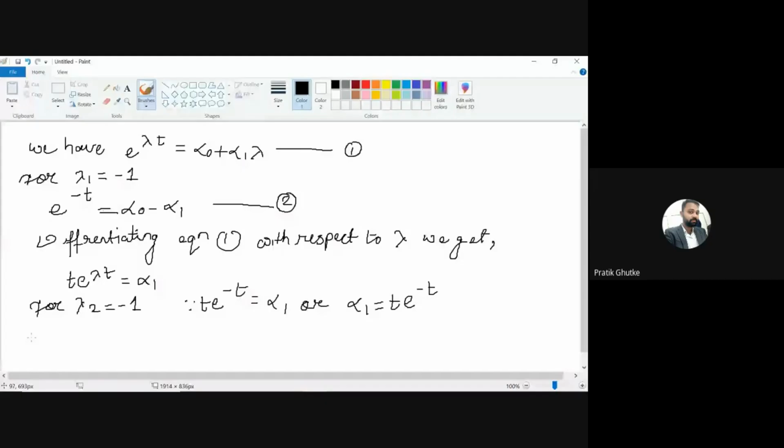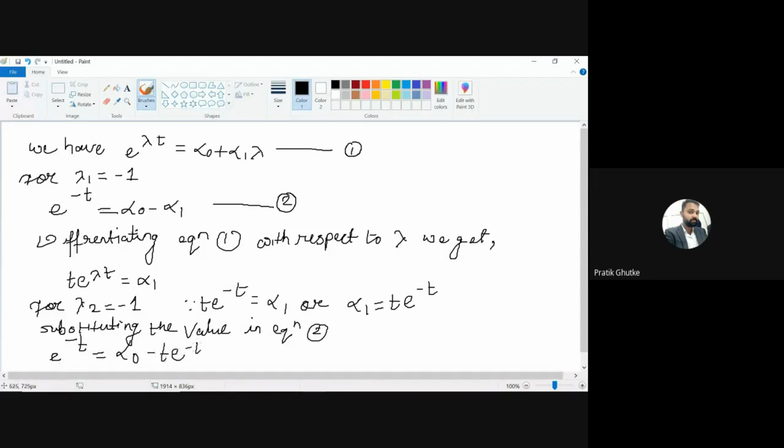Now substituting this value of alpha 1 in equation 2, what will I get? I am substituting the value: e raised to minus t equals alpha 0 minus t e raised to minus t.